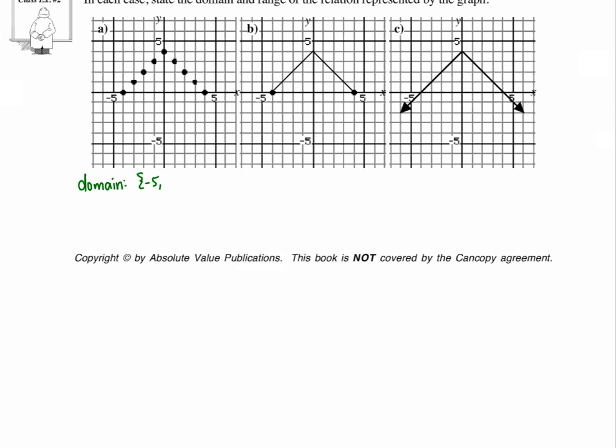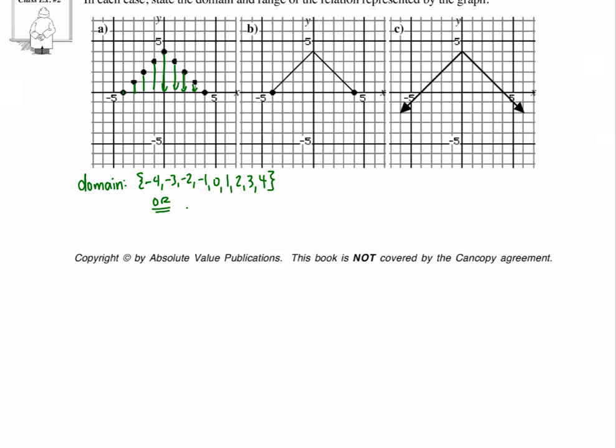Oh, yeah, it totally is. -4. -3, right? All these x values of the coordinates. So -4, -3, -2, -1, 0, 1, 2, 3, and 4. There's one more way you could write this.